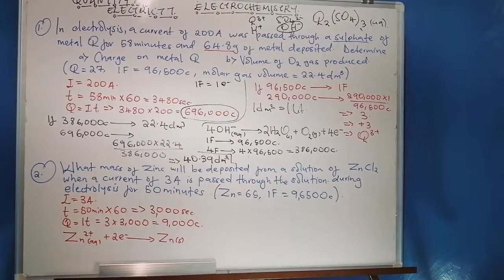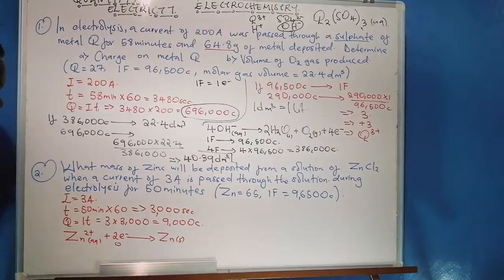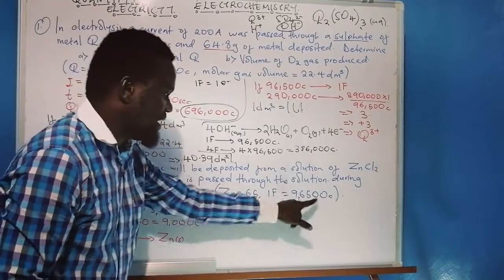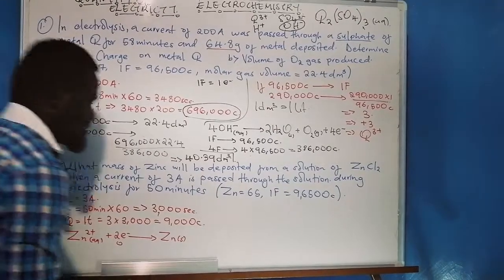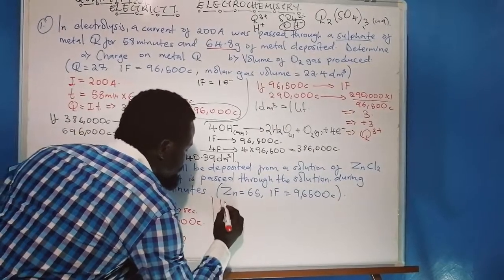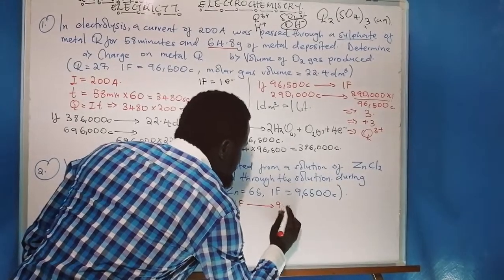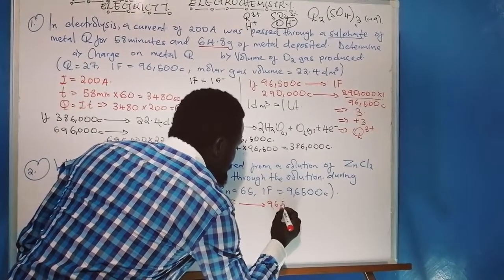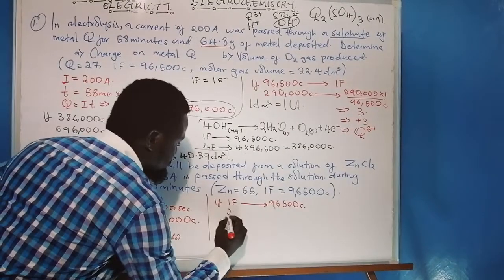Therefore, having that in mind, how many Faradays are being used? 2 Faraday. But keep it in mind, 1 Faraday is equivalent to 96,500 coulombs. So I can simply ask myself that question. If 1 Faraday is equivalent to 96,500 coulombs, how about 2 Faradays?